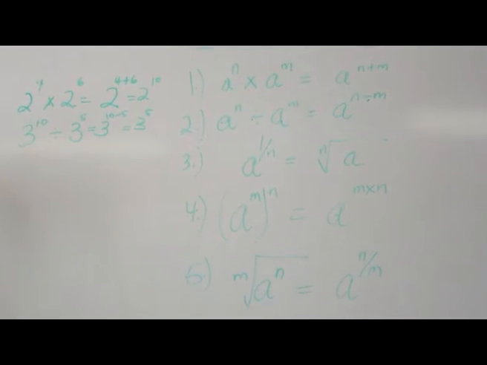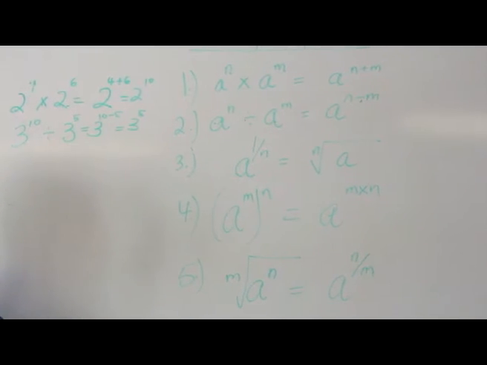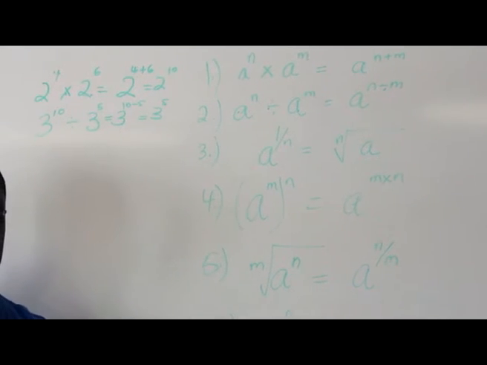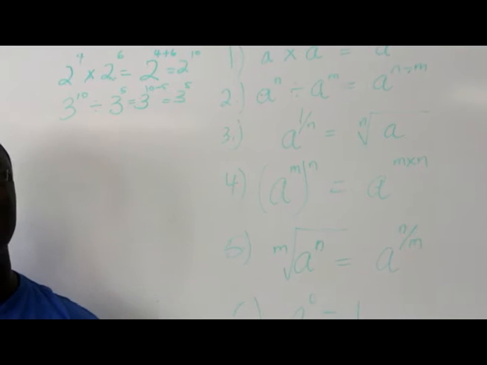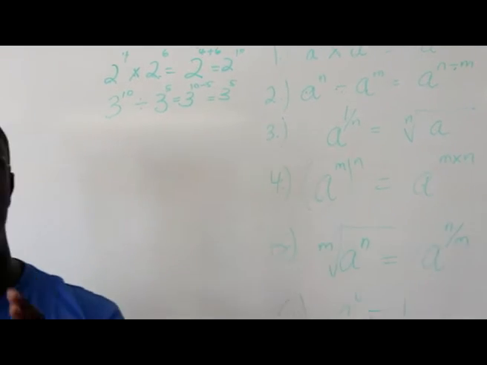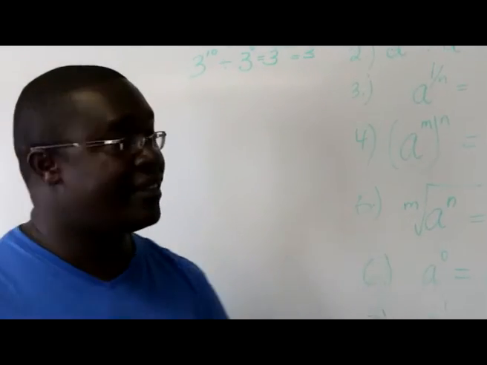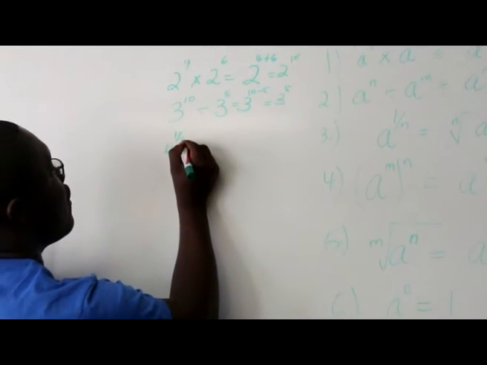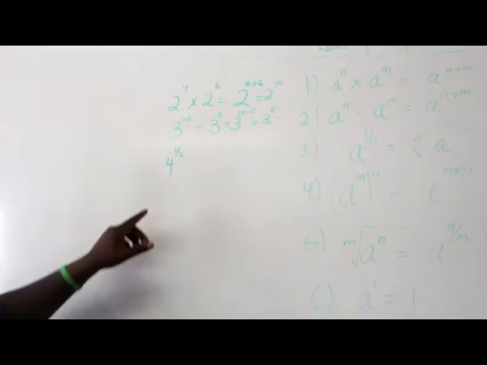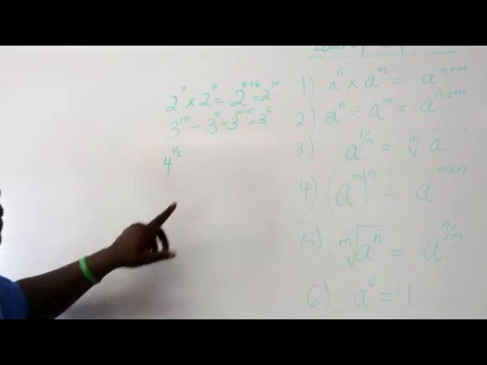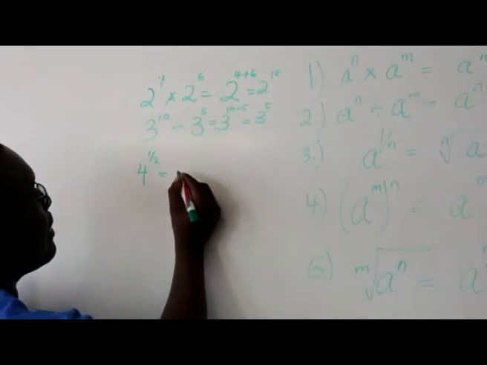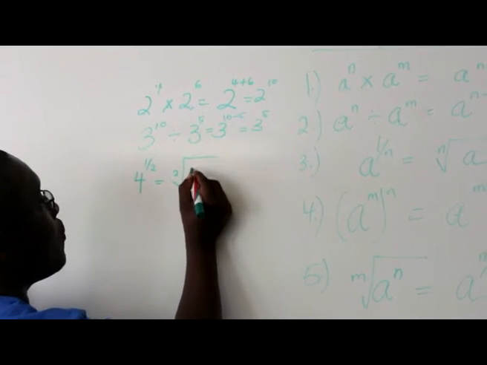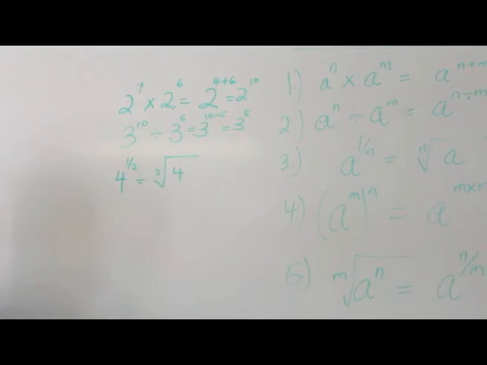Whenever you've got a fraction as a power, then you know you're talking about roots, right? Let's say you have 4 to the power of 1 over 2. According to the rule, that means the 2nd root of 4.